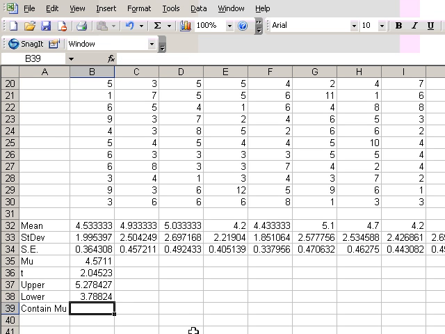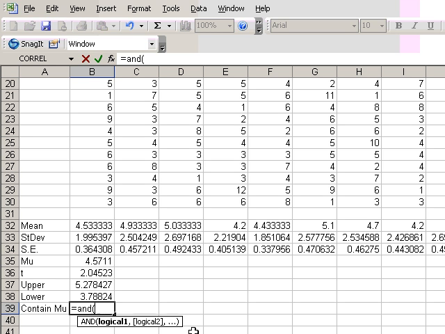Now the question we might ask ourselves is, do these limits contain the true population mean? We can find that with an AND statement. Equal and the upper limit is greater than the true mean, fixed with an F4, comma, the lower limit is less than the true mean, fixed with an F4.